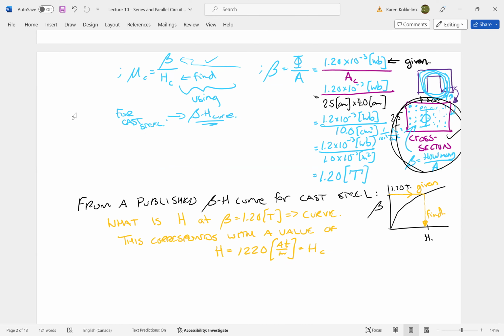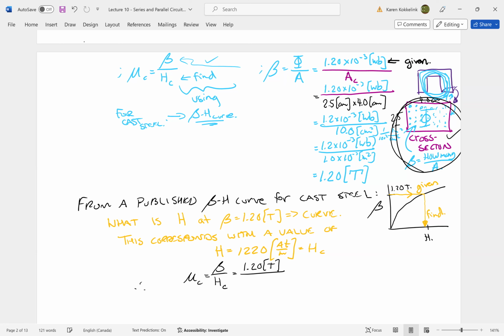So now why did I need to do that? Let me remind myself why I did that. Therefore, I think I was doing that for the permeability of the cast section, which is beta over H of the cast section. I calculated the flux density to be 1.20 Tesla. Sorry, the density, the flux density, not the permeability.